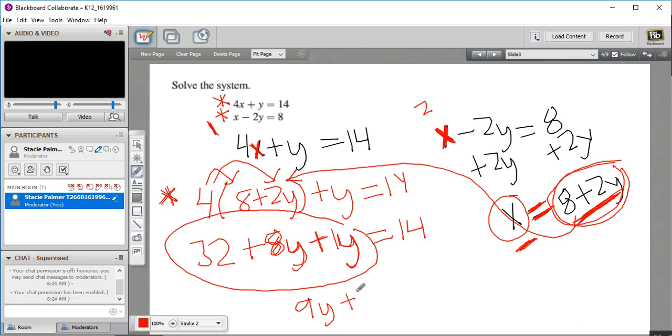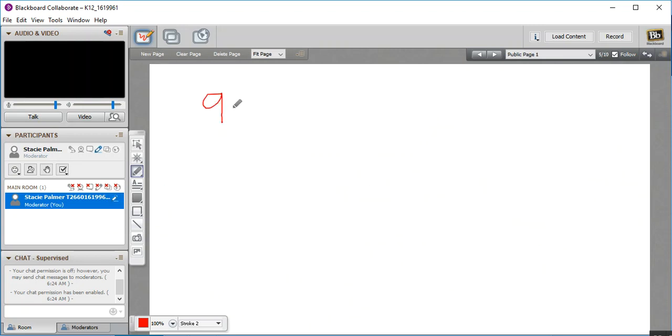plus 32 equals 14. So I'm going to go ahead and move to another slide where I have some more room. 9 times y plus 32 equals 14. Now from here, I'm solving for the y. I'm trying to get the y by itself, so I would subtract 32 from both sides.